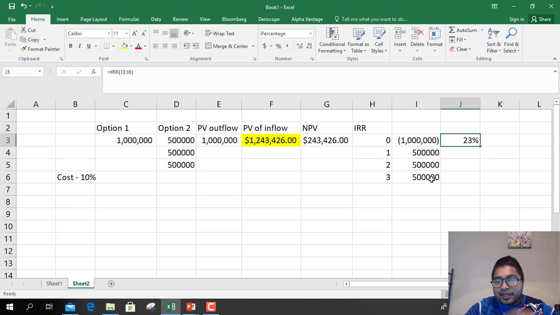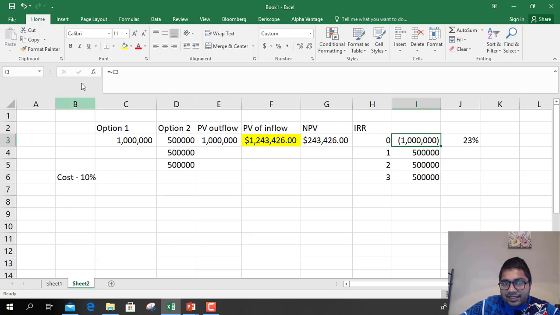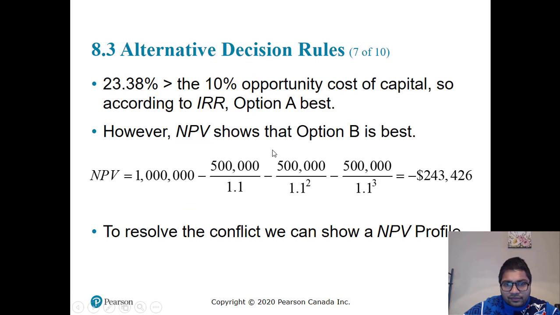So IRR is 23%. So if you're looking at IRR, you would accept taking $1 million rather than taking 500,000. If you are looking at NPV, you would accept taking 500,000 because NPV is higher. So in such cases, go with NPV.